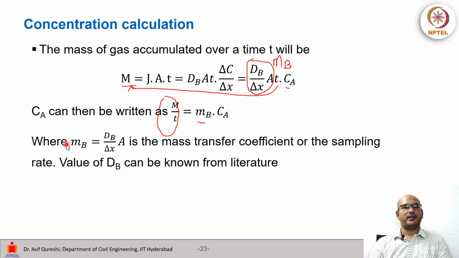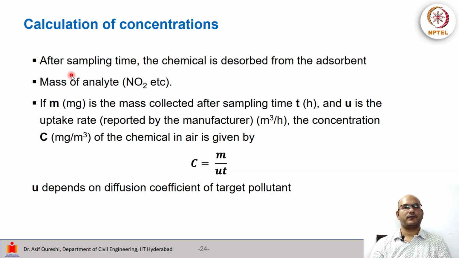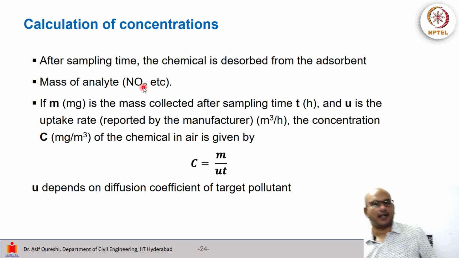In a lot of literature, you could also find this written as follows: C equal to M by UT. And basically the idea is the same and the principle is the same, that after the sampling time, so once the sampling is over, the chemical will be dissolved from the adsorbent, and the mass of analyte, which would be NO2, ozone or anything else, would be determined.